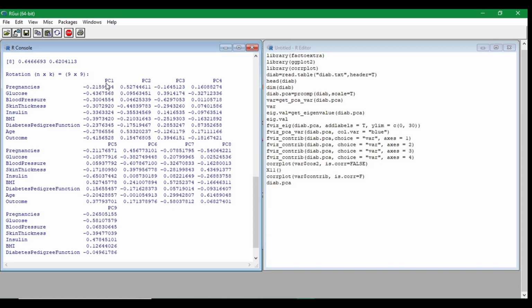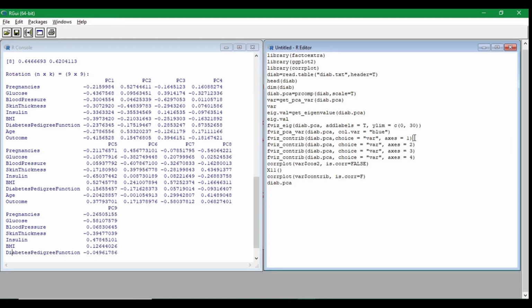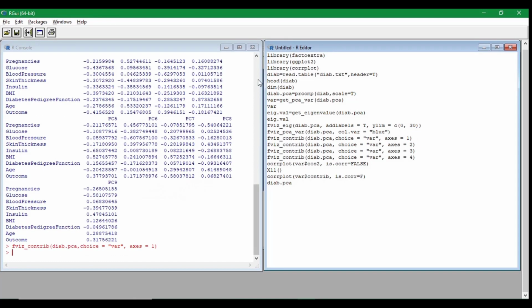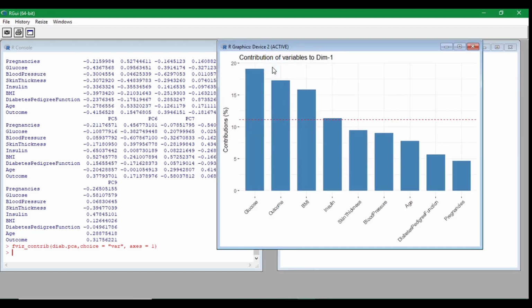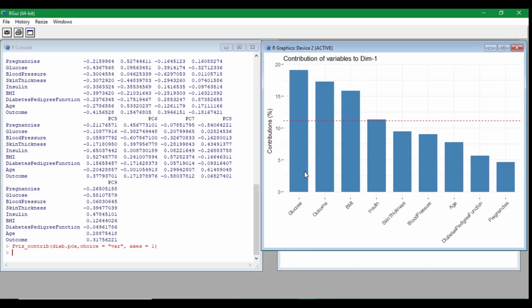Now if we look back at principal component 1 and the contributions that were made to it again, for principal component 1, the greatest contributions were glucose, outcome, body mass index, and insulin.